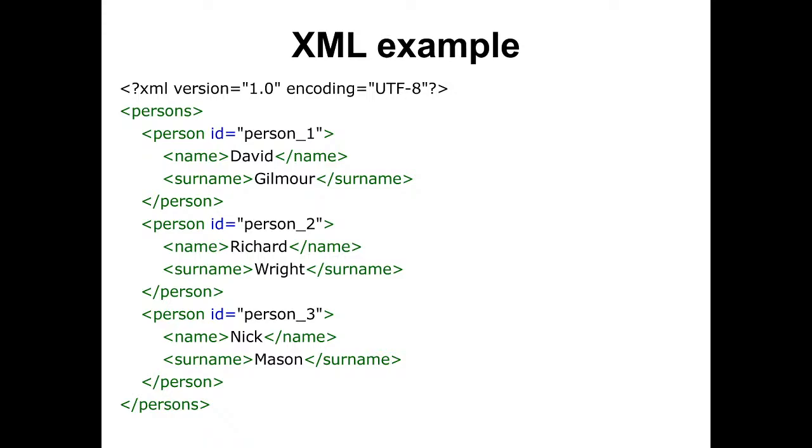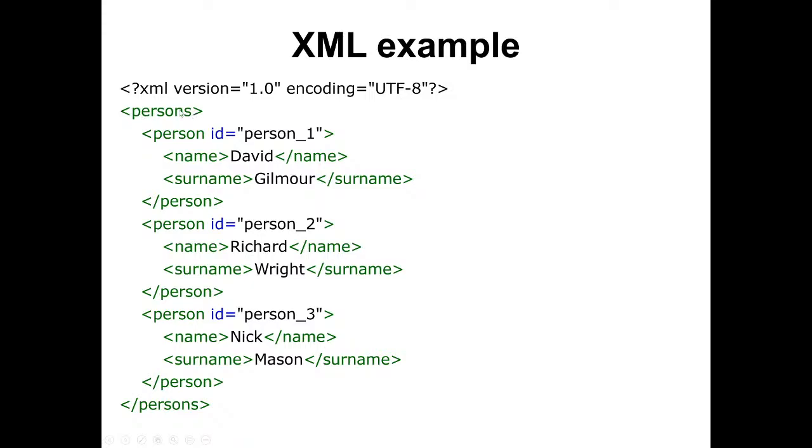Then we have an XML example. As you can see, it has tags, same as HTML, but they work a bit differently. In this case, it defines the data for the persons. Every XML document should have only one root tag, or the starting tag.